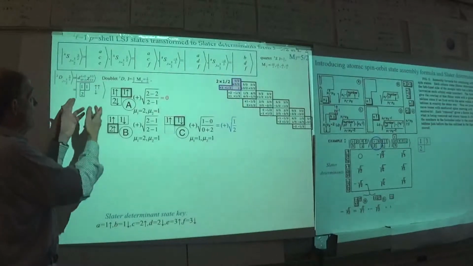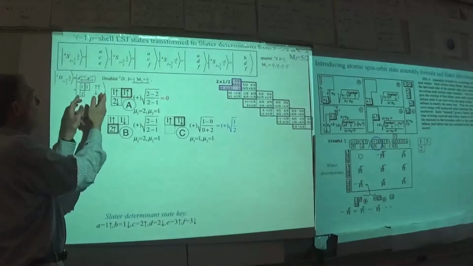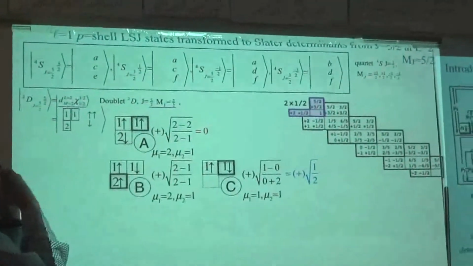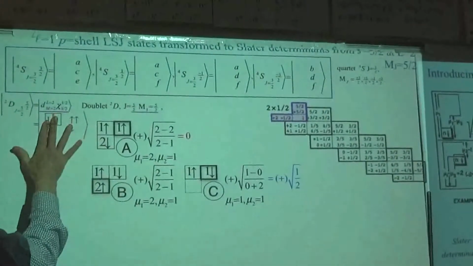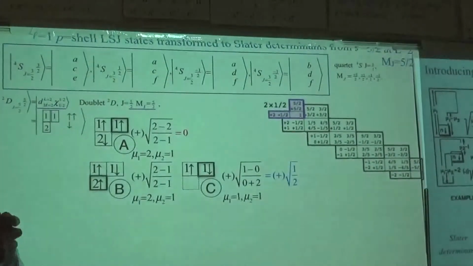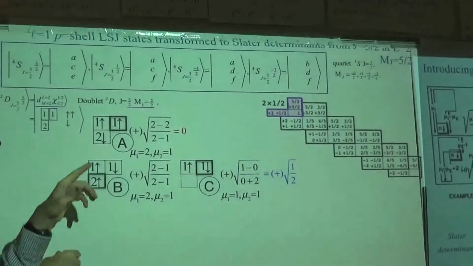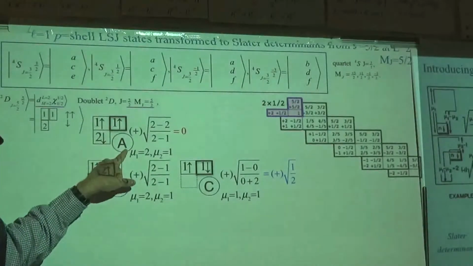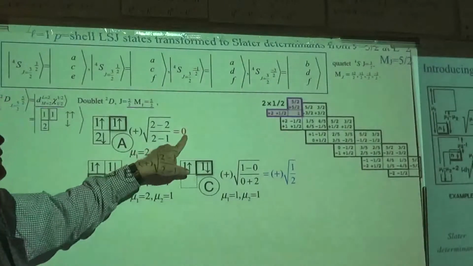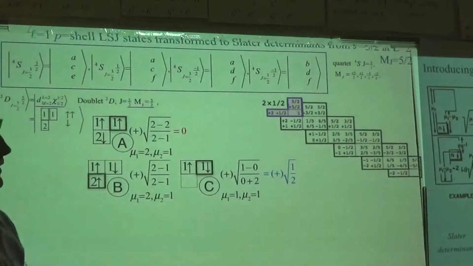Now, at first you might say, oh, I know how to make the tableau with the spins in it. I just take this tableau and put it right on top of this one. No, you don't. Because when I take this one and use the assembly formula, which happens to be A, I get a big fat 0.